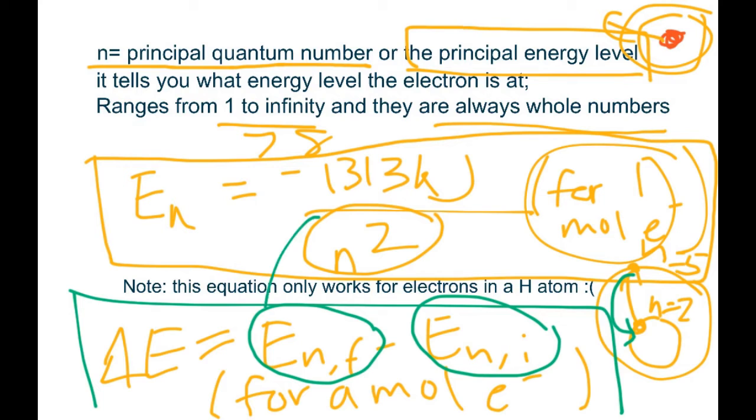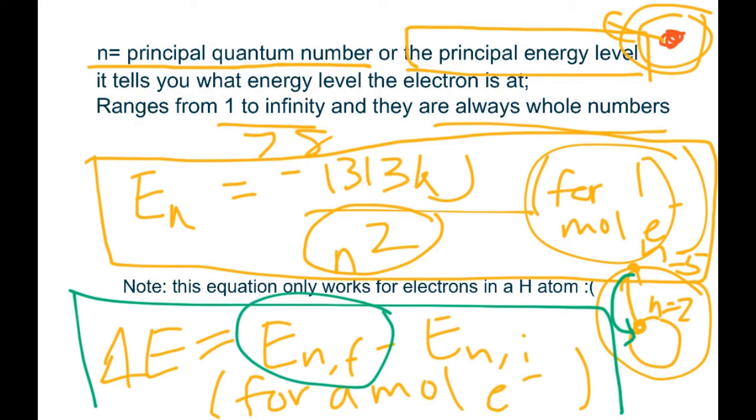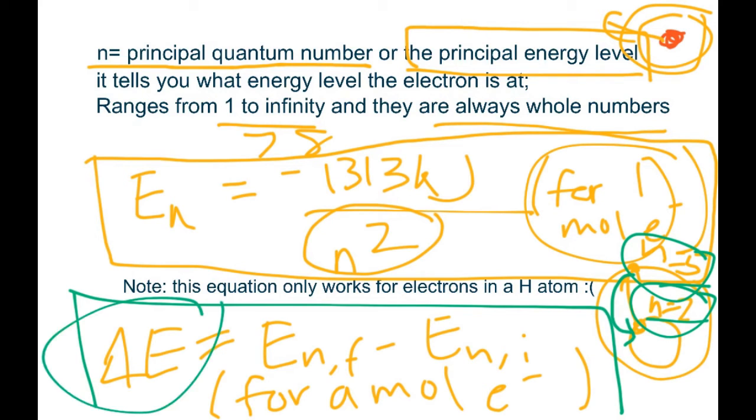Both of these will come from here, obviously, but the n will be different for both of them. Depending on whether the final principal energy level is higher or lower than the initial principal energy level, that will determine the sign on delta E. If you're going from 2 to 5, then you are absorbing energy, so delta E will be positive. And if you're going from 5 to 2, then you are losing energy, so delta E will be negative.